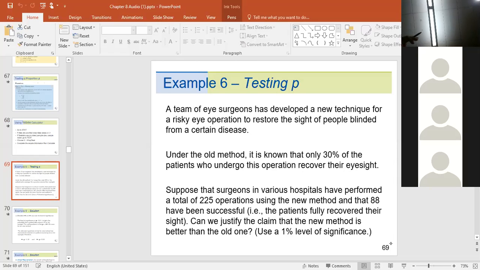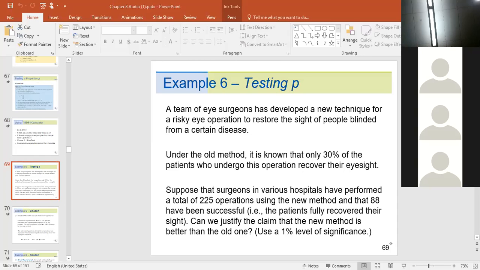The new method is better than the old one, right? What was the proportion of success in the old method? 30%. So we are going to use that.